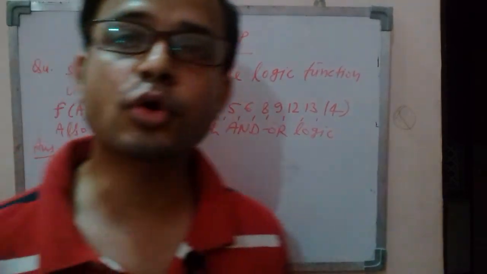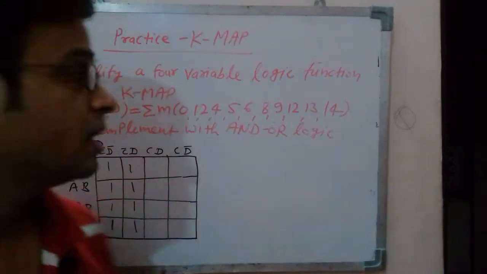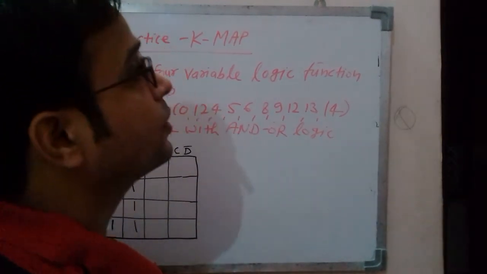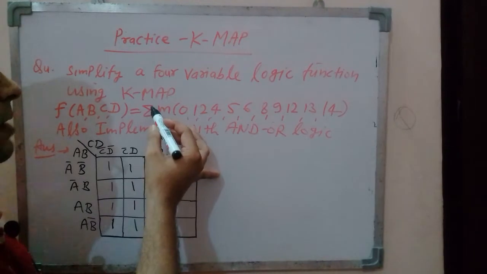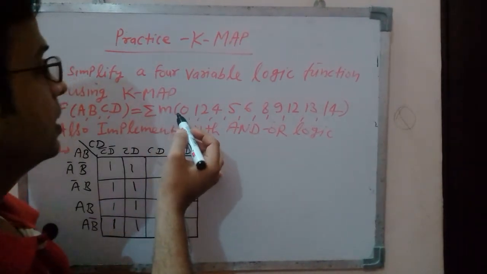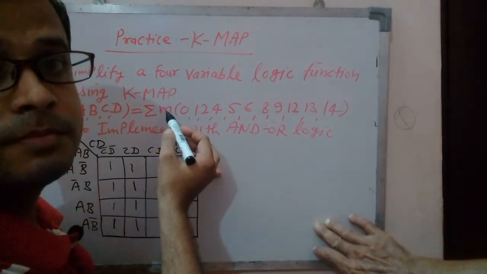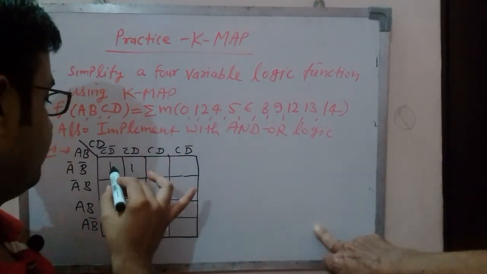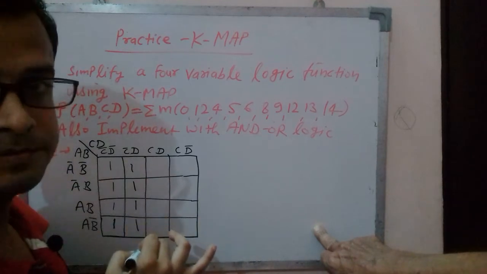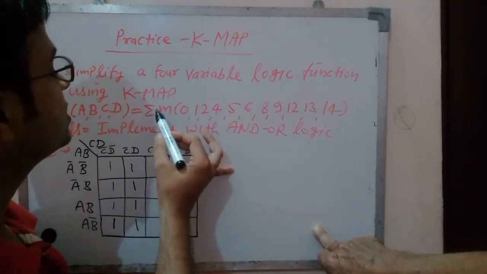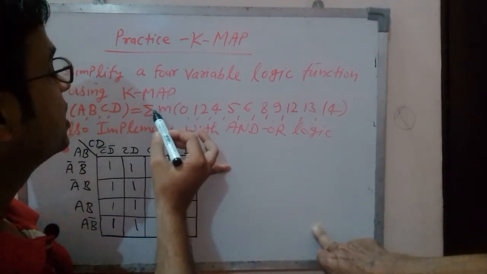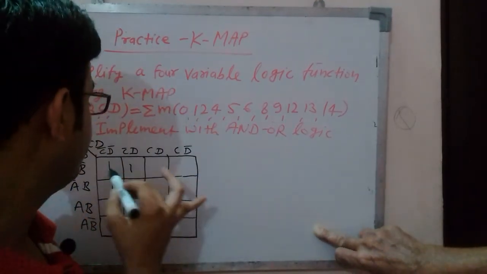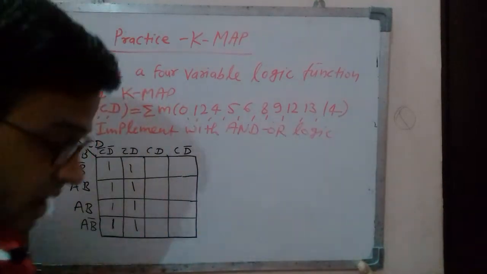Had it been product of sum, it would have been represented by pi capital M, and then I would have filled it with zeros. But since it is in sum of product, it is sigma small m. That means sigma small m denotes the sum of product form, so I will have to fill 1 at these positions, right?